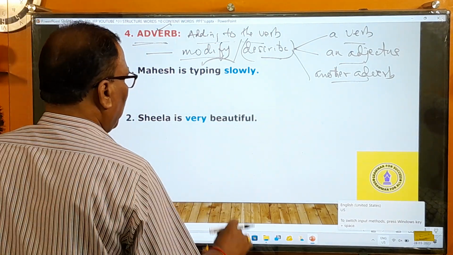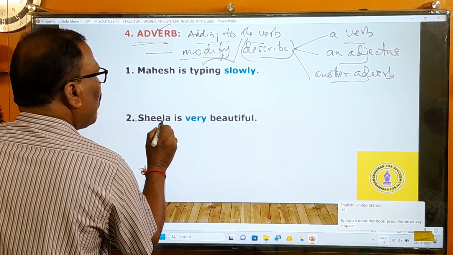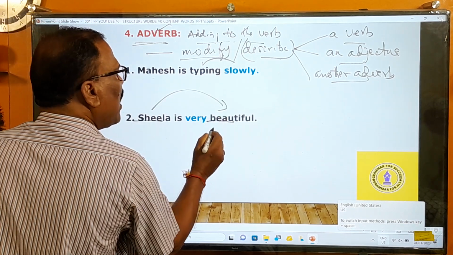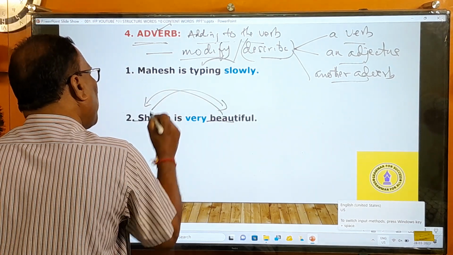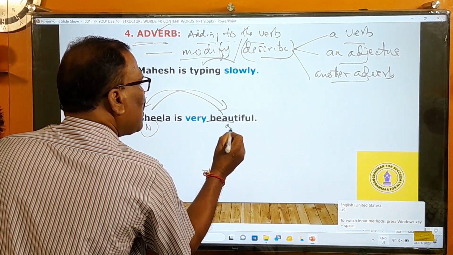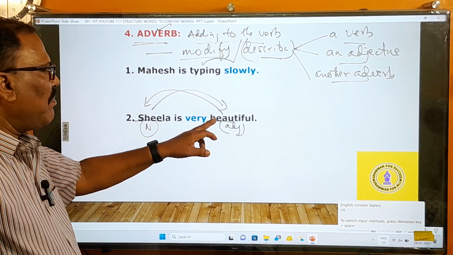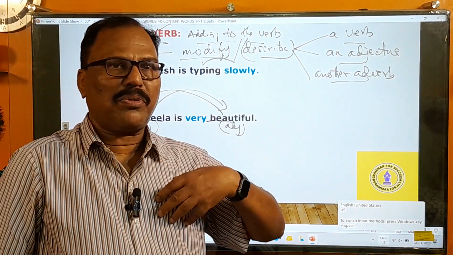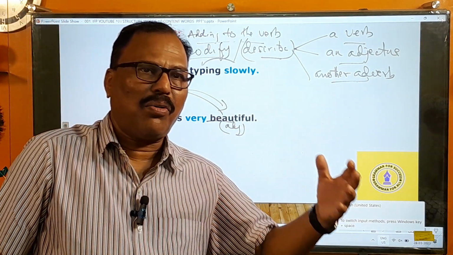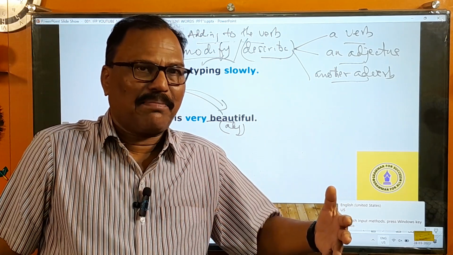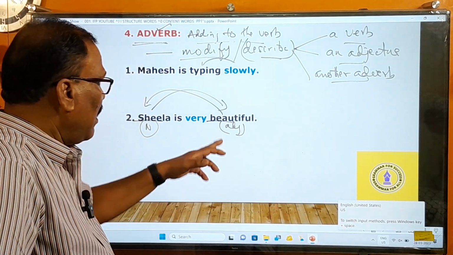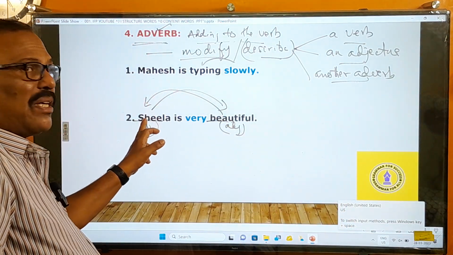Sheila is very beautiful. So here Sheila is beautiful. Who is beautiful? Sheila is beautiful. This beautiful is describing this noun, and this is an adjective. Actually, adjectives are supposed to qualify a noun immediately beside them. But here the adjective is here, but the noun is here.